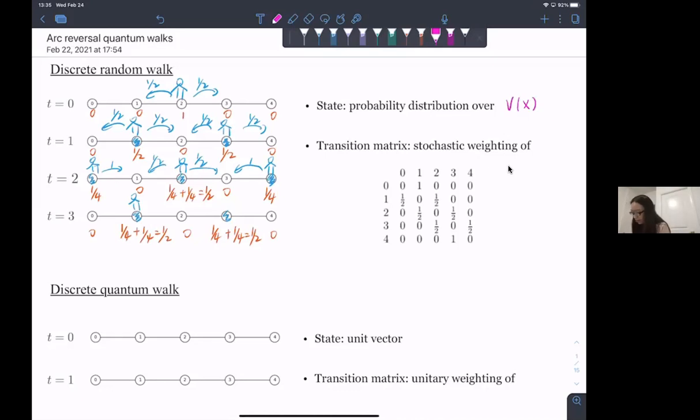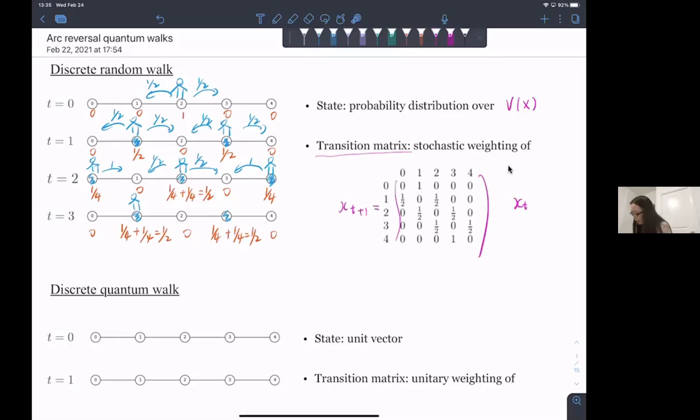And how does the random walk evolve? It is determined by a matrix called a transition matrix. If the state at time t is x_t, then the next step we have x_{t+1} equals some transition matrix times x_t.